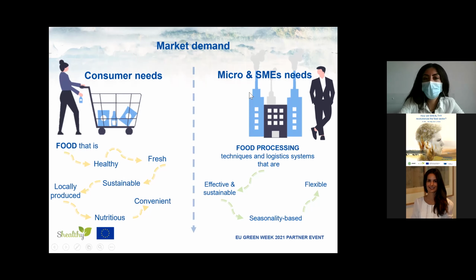And what we are going to respond to, for micro, small and medium enterprise needs, is that they want food processing techniques and logistic systems that are, first of all, flexible, that could be seasonal based, because fruit and vegetables respect seasonality aspects, and could be effective and sustainable.